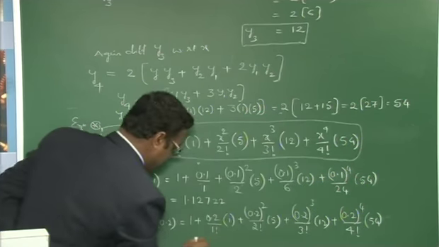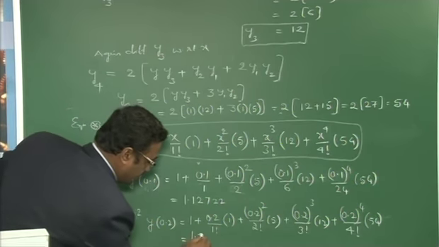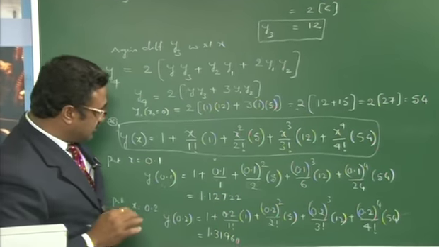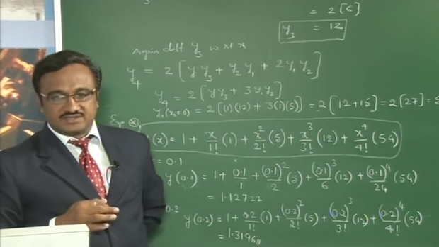Again by using calculator, the simplification of this, we get the value 1.3196. So this is the first example to understand the Taylor series expansion.